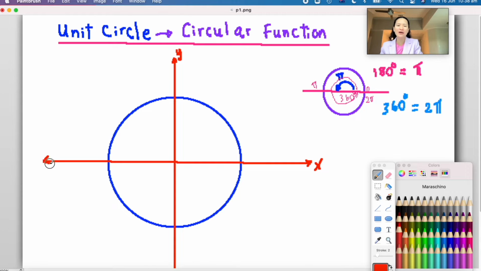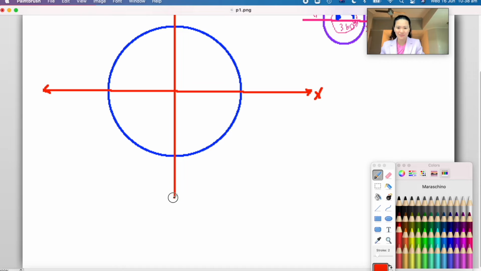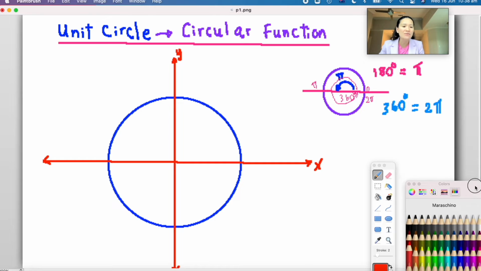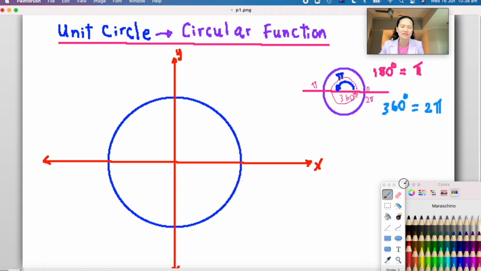Do you remember something? Super quick. You remember that up here y is positive, yeah? If we go down here, it's negative. For x, going to the right side is positive, the left side is negative. Okay, if you understand all of these concepts, we are able to go next.